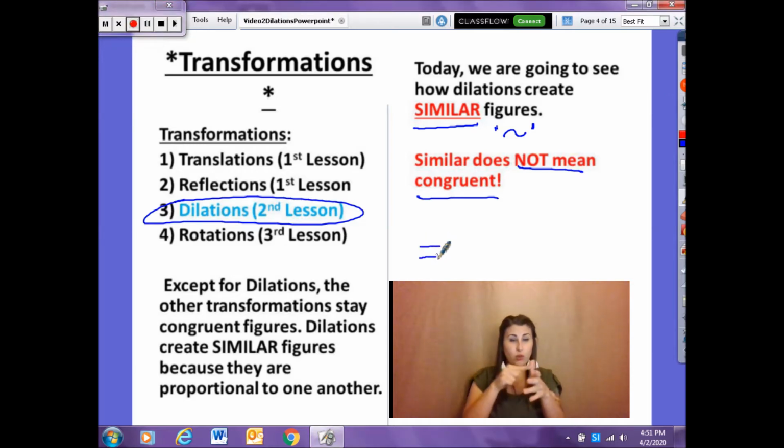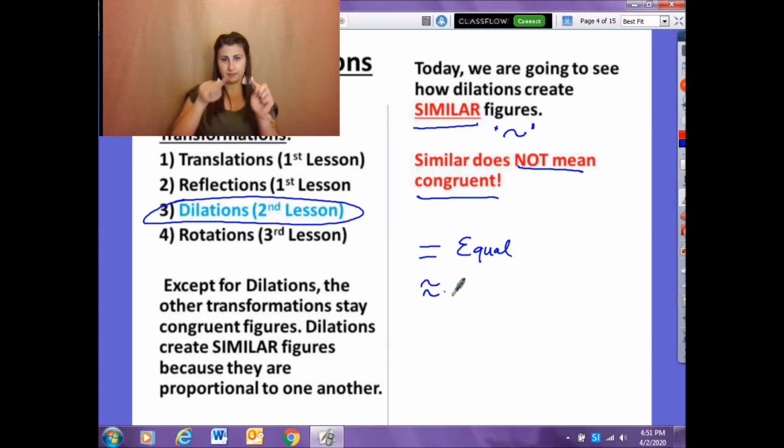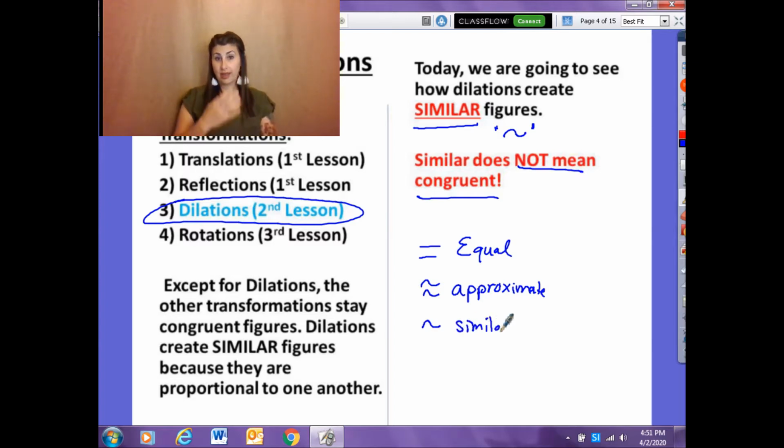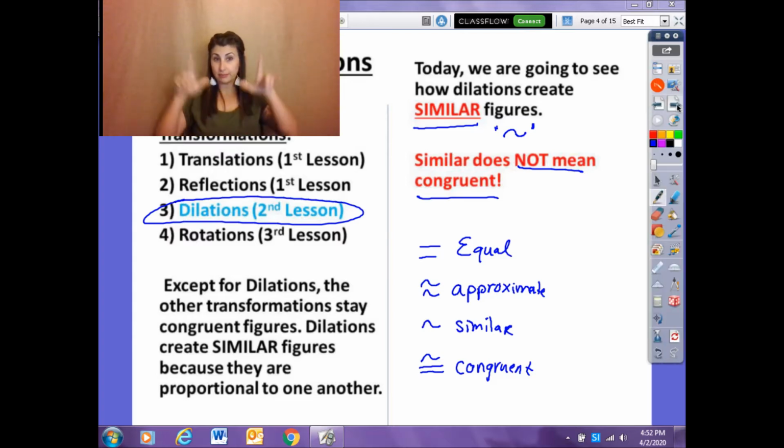And just a little review. This is the equal symbol. This is the approximate symbol. This is the similar symbol. And this is congruent. These are the symbols that we will come across. Next slide.